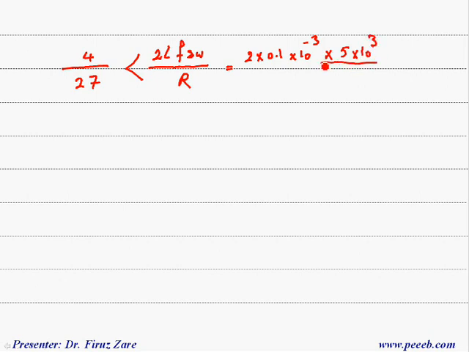According to the lecture note, this is the condition for continuous conduction mode, which is 2L times the switching frequency divided by R. So in this case, 2 times 0.1 millihenry times the switching frequency, which is 5 kilohertz, divided by R. So here we can find that R should be less than 6.75 ohms.